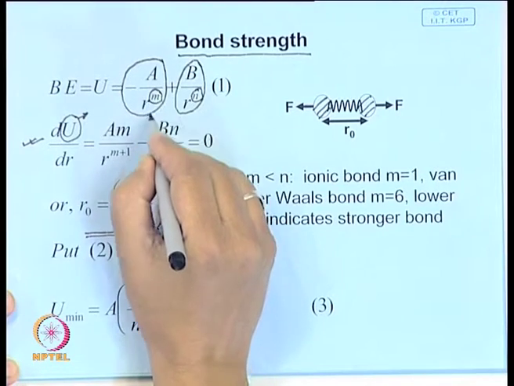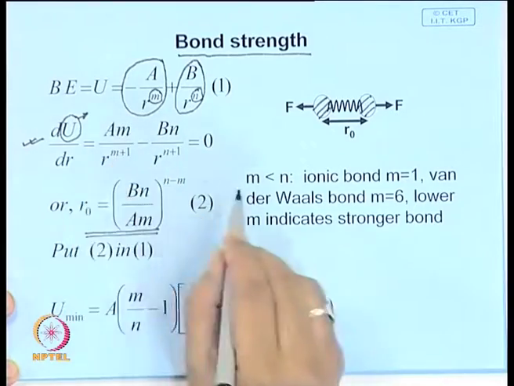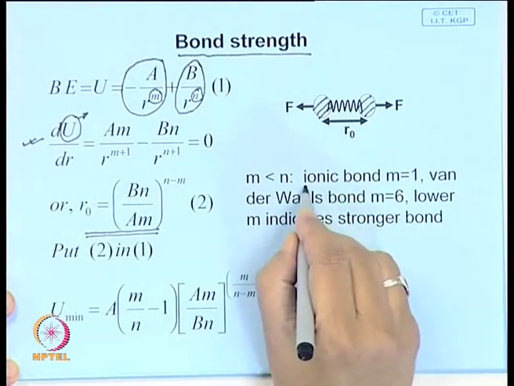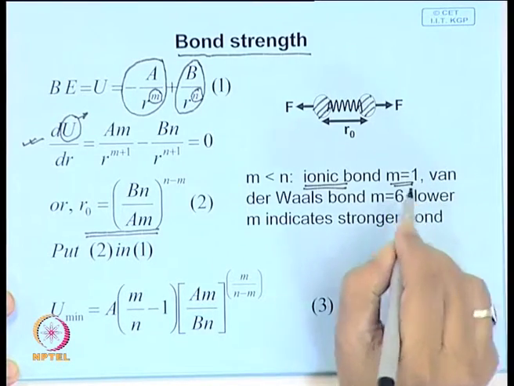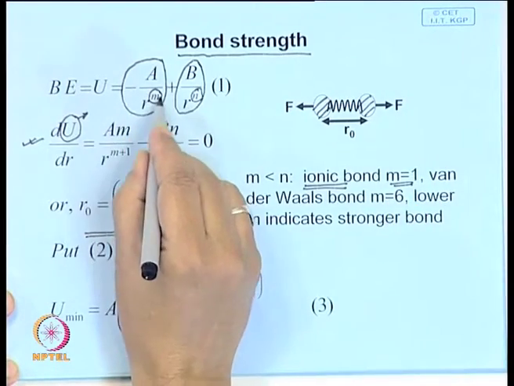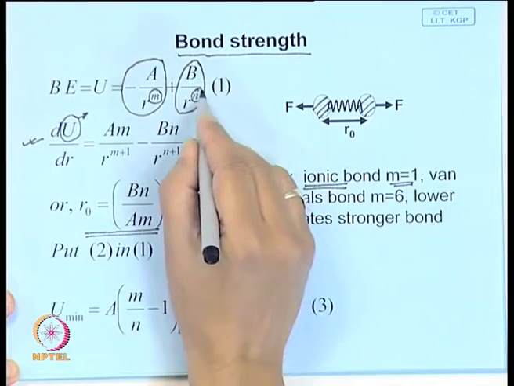Now, this is the attraction force. Now, in case of electrostatic bond or ionic bond, this m is 1 and m is always less than n.